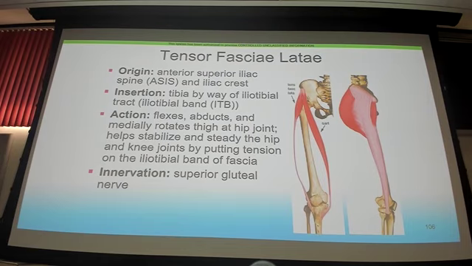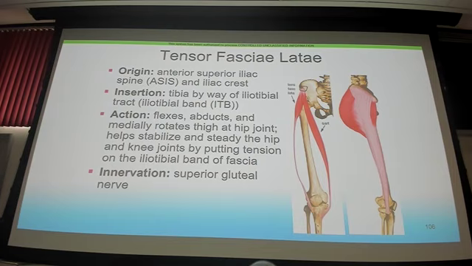Okay, here we go. Tensor fasciae latae. When we looked at landmarks on the ilium especially, we pointed out the anterior superior iliac spine. That's an attachment point, really an origin, that bony part at your belt line for males.